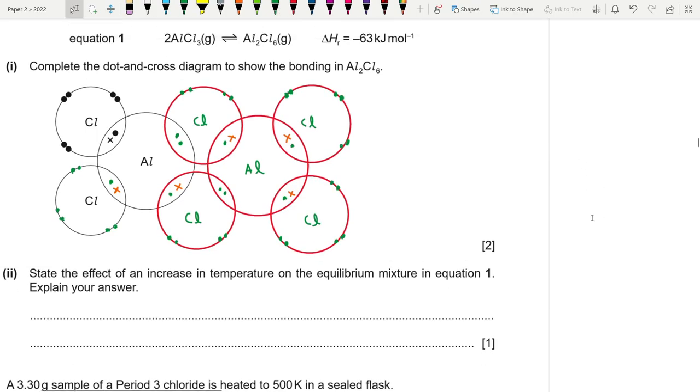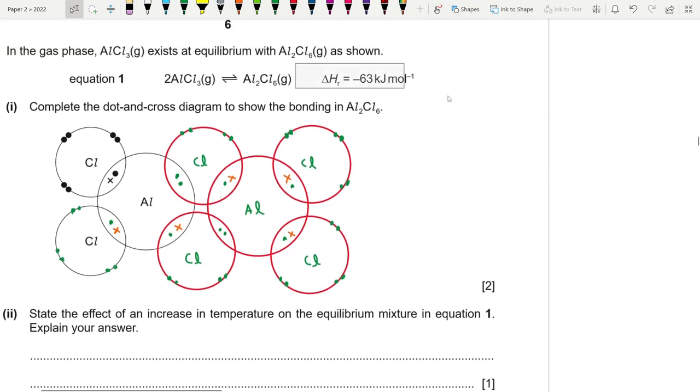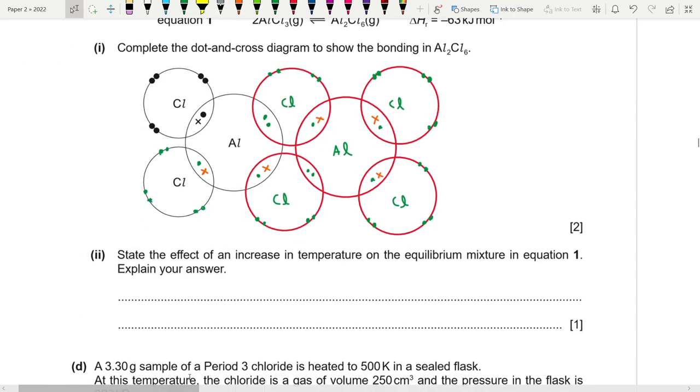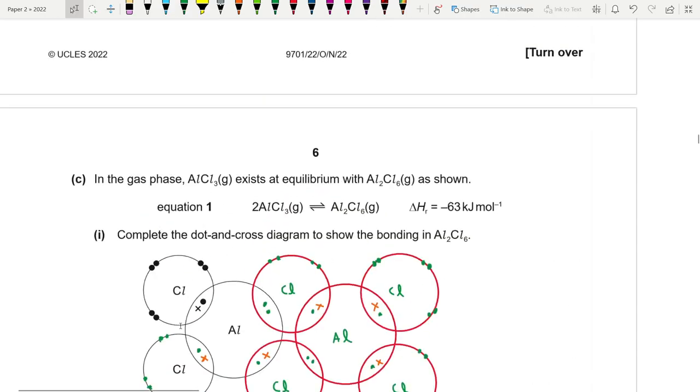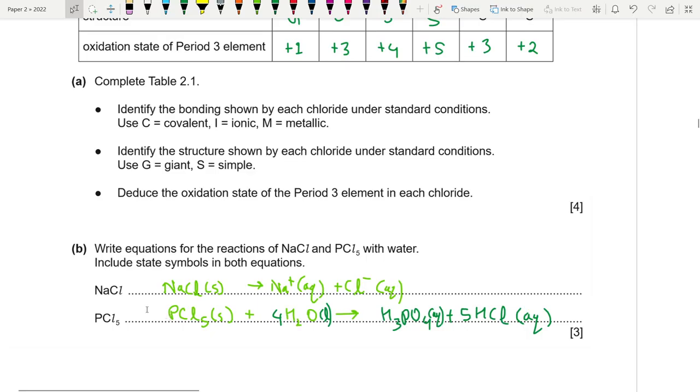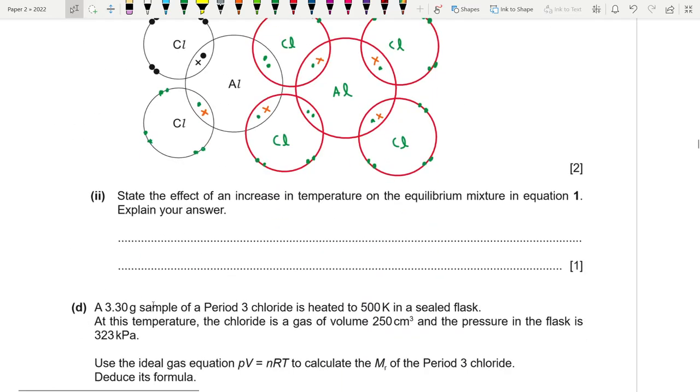State the effect of an increase in temperature on this. So it's an exothermic reaction, right? So the equilibrium will shift to the left. So yeah, we are gonna get less of the dimer. By the way, you needed to show the state symbols, or else you wouldn't get marks. They mentioned that in the question. So let's explain. The reaction is exothermic, right? So the equilibrium shifts to the left hand side.